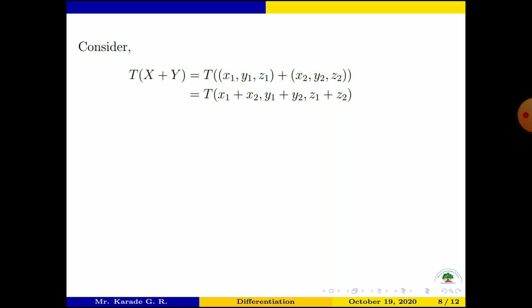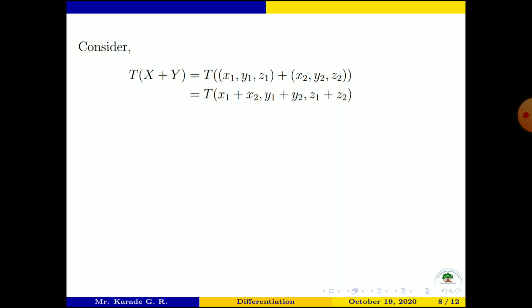So now operate T on this vector, but we know the definition of the function T of (x, y, z), and that definition is T of (x, y, z) is equal to 3x plus 4y plus 5z.